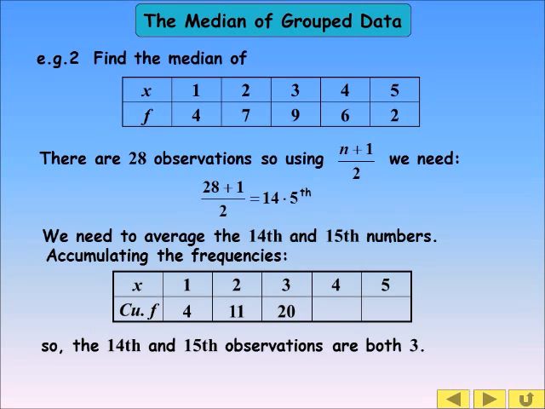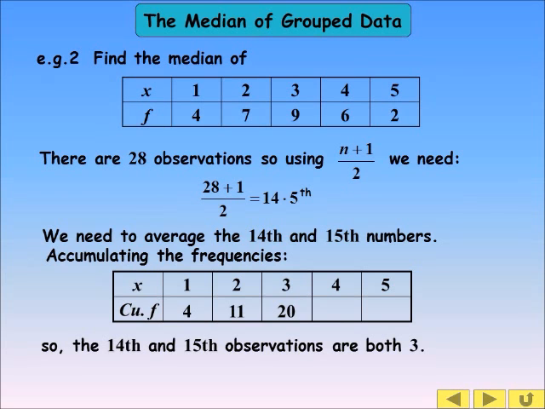So in x equals 2, accumulating equals 4 plus 7 equals 11. And the next is x equals 3. Accumulating is 4 plus 7 plus 9 equals 20.